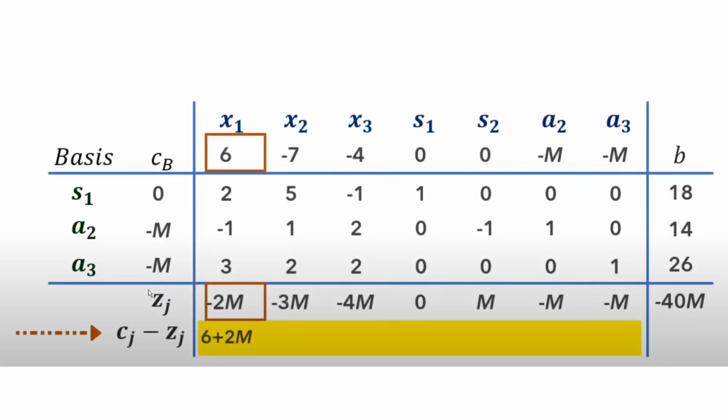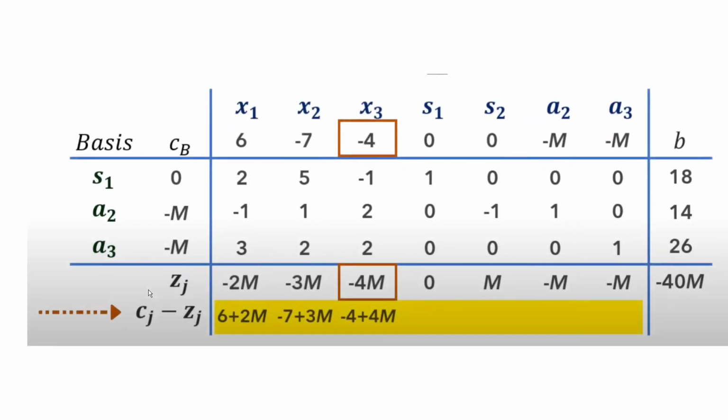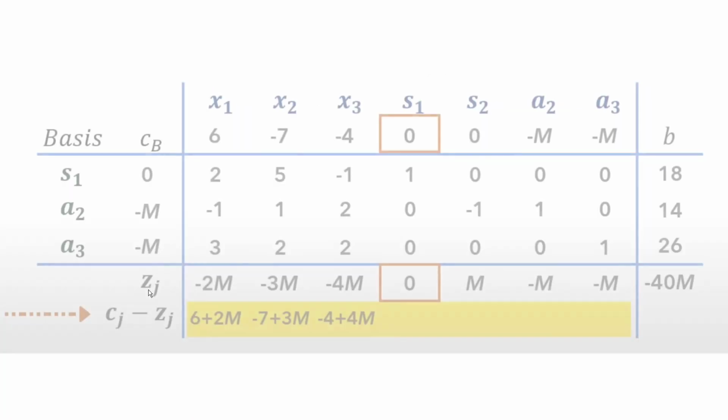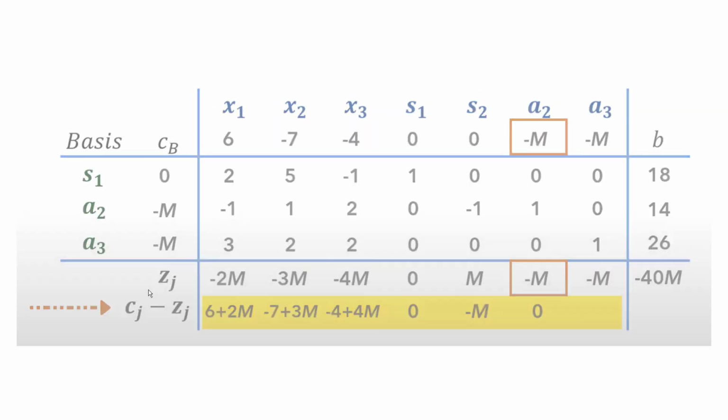Next is negative 7 minus negative 3M, which equals negative 7 plus 3M. Next is negative 4 plus 4M, and 0, negative M, 0, and 0.